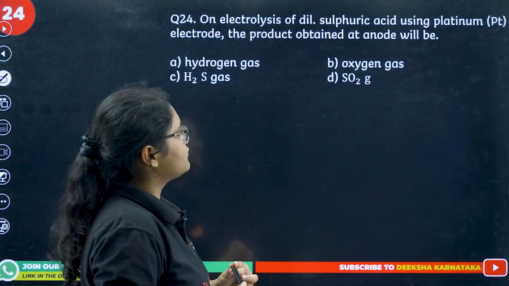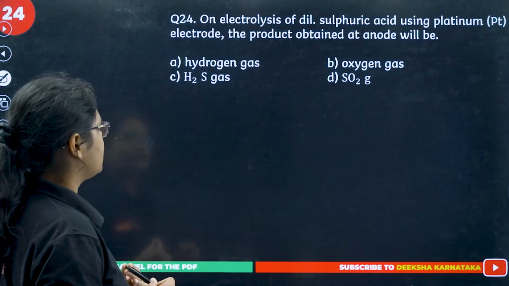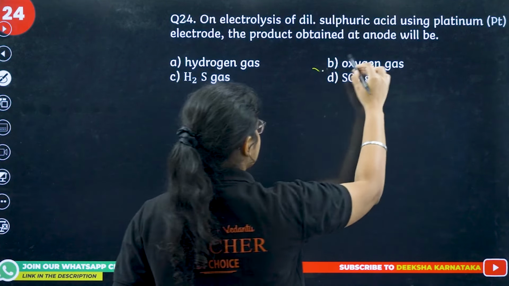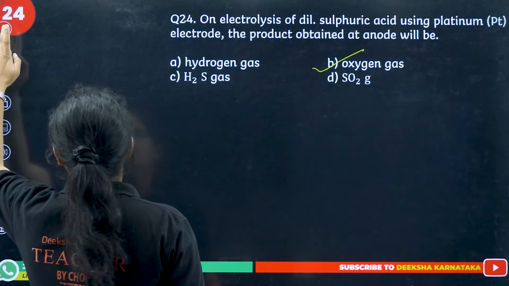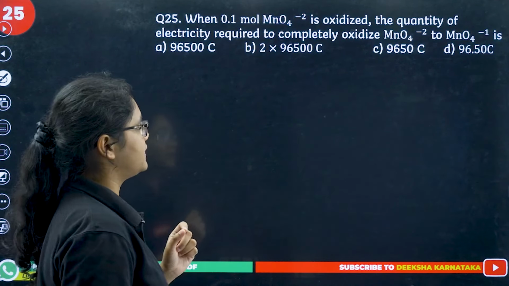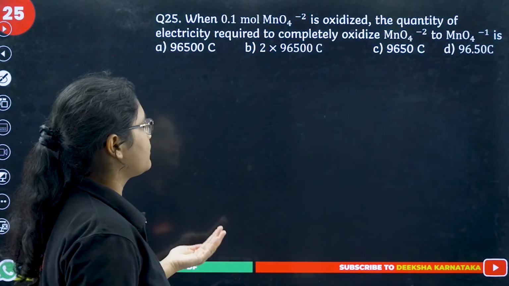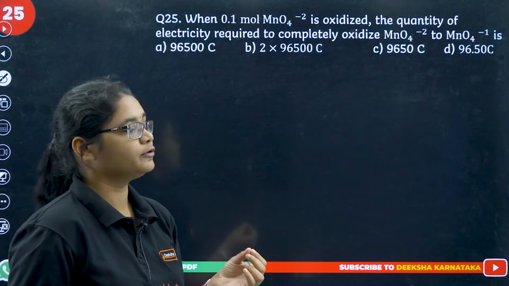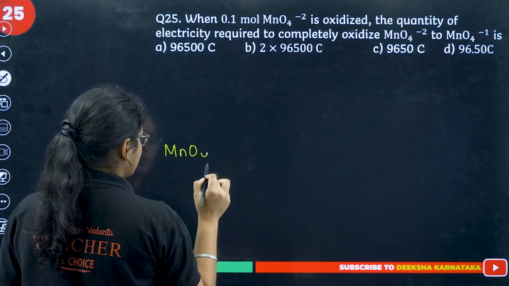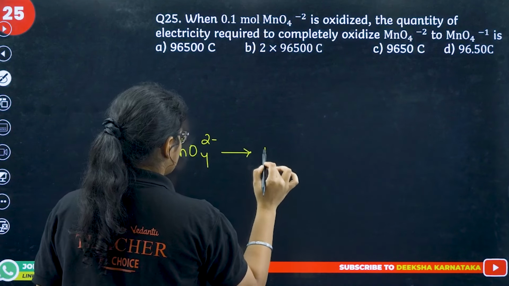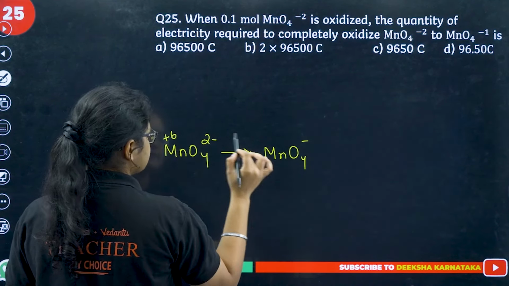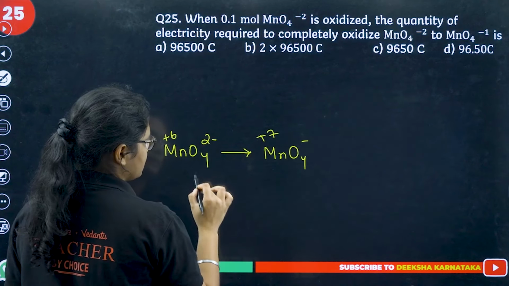Next, on electrolysis of dilute sulfuric acid using platinum electrode, the product obtained at anode will be your oxygen gas. That is option number B. Next, we have 0.1 mole of MnO4 2- is oxidized. The quantity of electricity required to completely oxidize MnO4 2- to MnO4-. Now, MnO4 2- to MnO4- is +6 to +7, right?